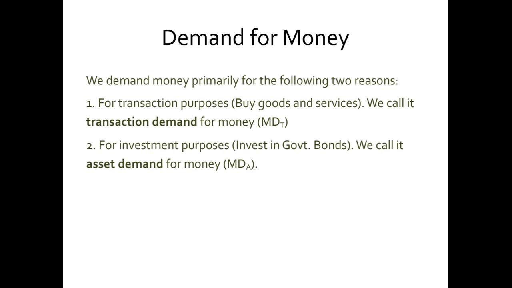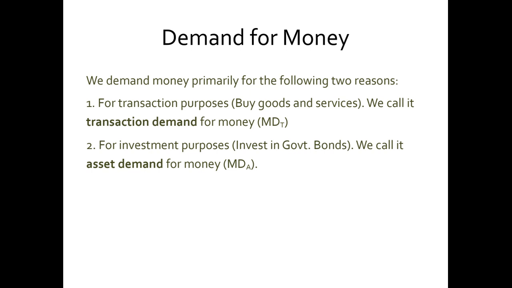For example, if you want to invest in government bonds, we need money to buy those bonds. So we are demanding money for investment purposes. We call it asset demand for money because a bond is one of the assets among others.